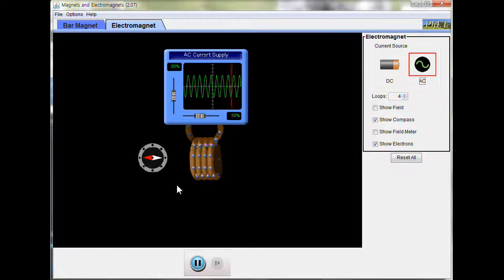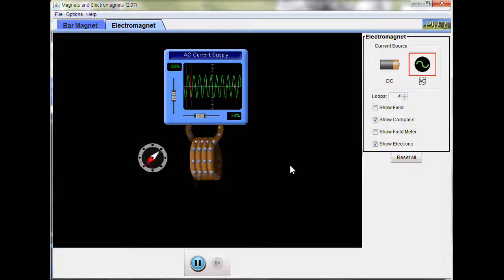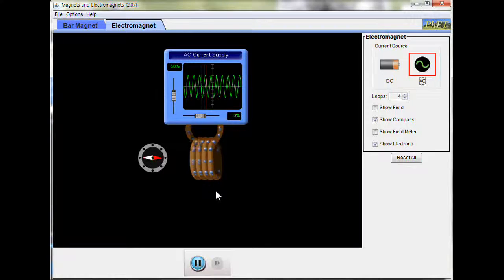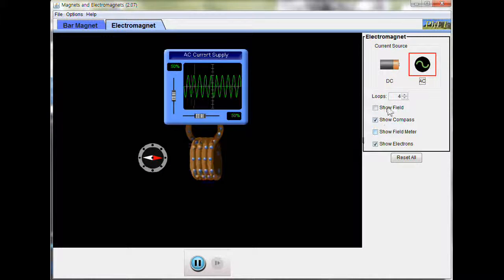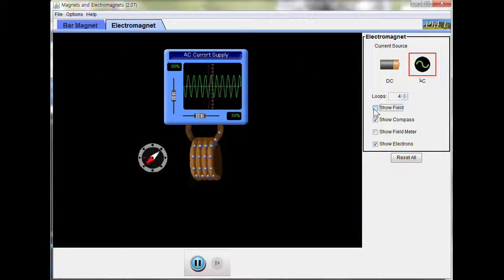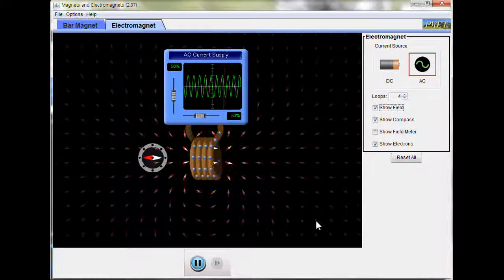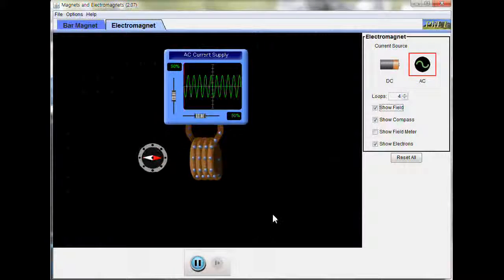This type of alternating current power supply and its combination with the coil will be very useful in the next chapter. So try to remember this. And you can also see the magnetic field flipping back and forth using this figure. Okay.